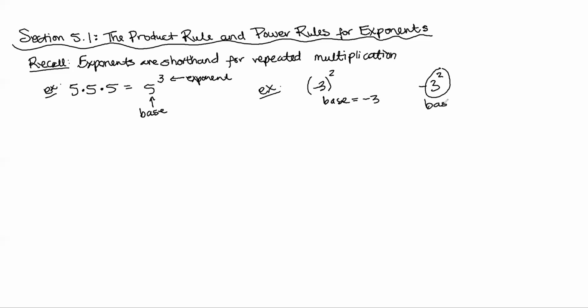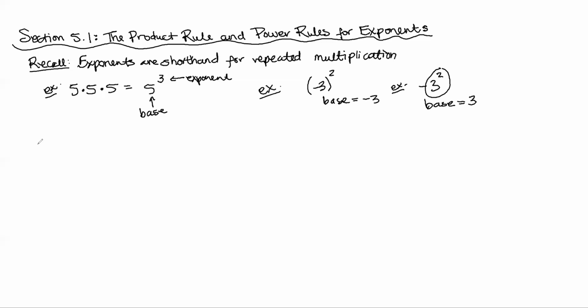So in this one, the base is just 3, not -3. We'll take a look at this again with the negatives, but we have to be really careful with whether or not the negative is included with the base.